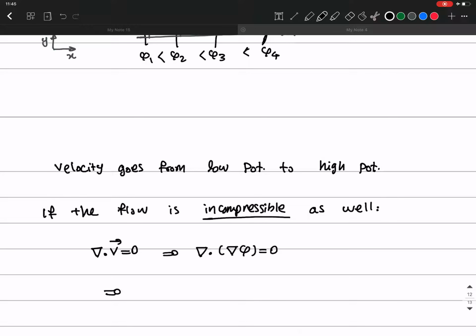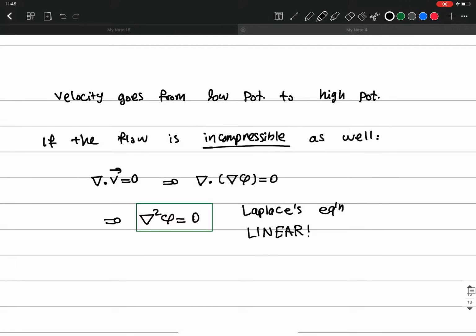And this means that the Laplacian, or grad square of phi, is 0. This is an interesting equation for the velocity potential, and that's why we are using this, because this is Laplace's equation, and more importantly, this is linear. So now we are dealing with a linear system that we can solve analytically.